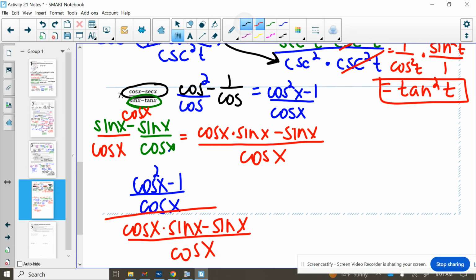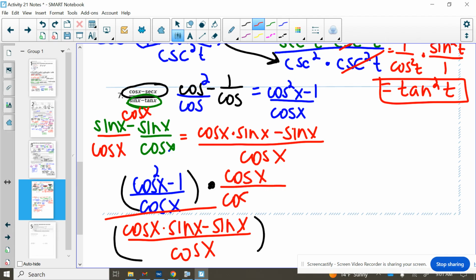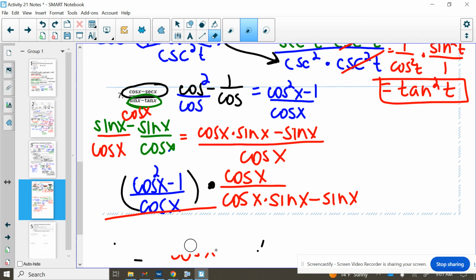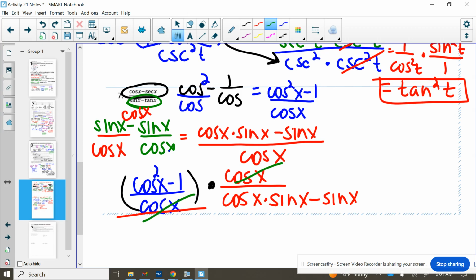Now, in order to undo this fraction within a fraction, remember you are able to multiply by the reciprocal of this denominator, and this will cancel out our denominator here so that we have just one fraction, which still isn't really super great, but when you multiply by that reciprocal, now we have just one fraction to deal with. And since things are being multiplied, we notice these two pieces can cancel, and we are just left with cosine squared of x minus 1.